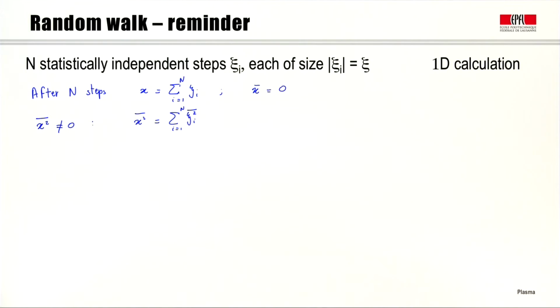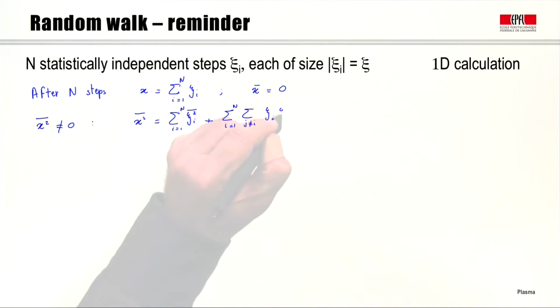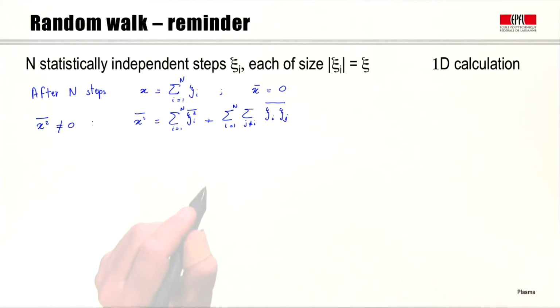It will be equal to the sum of the average of the square of each step plus the cross terms. But the cross terms actually do not contribute because, as we said, all the steps are statistically independent.